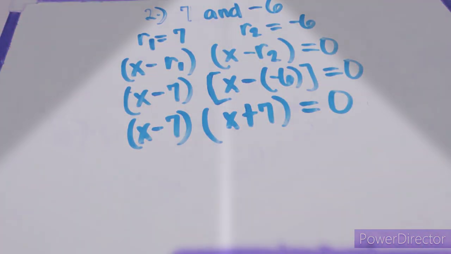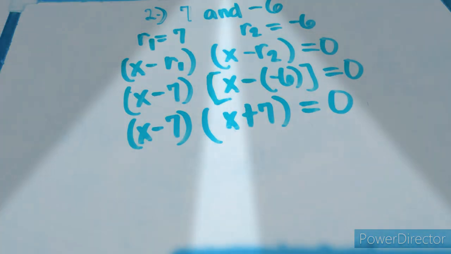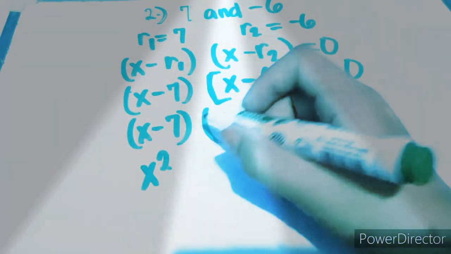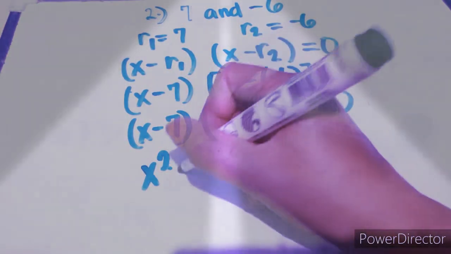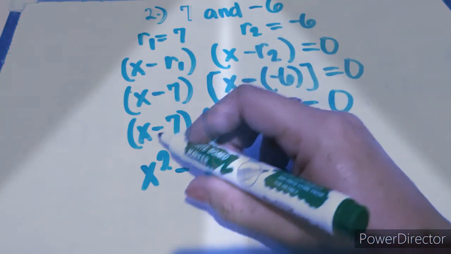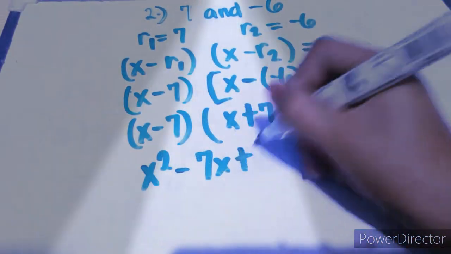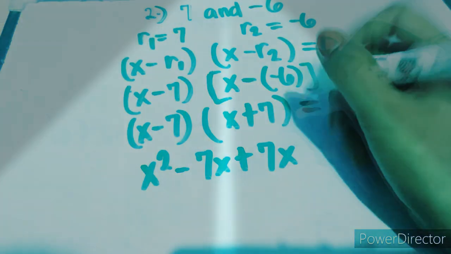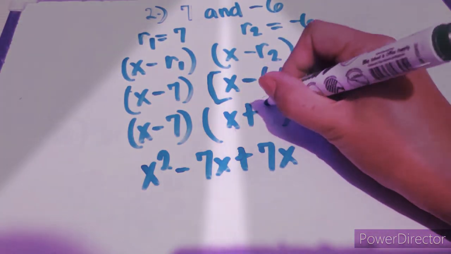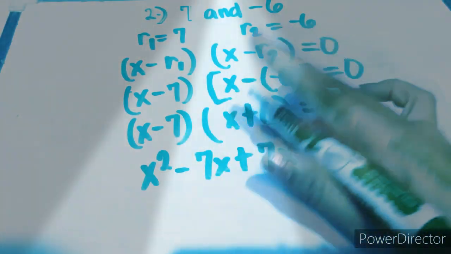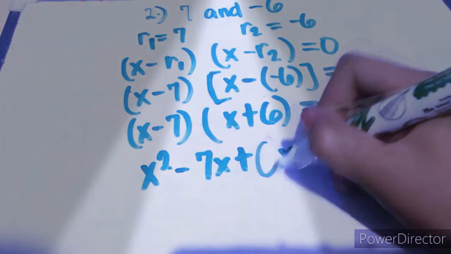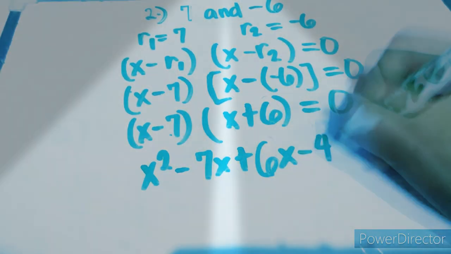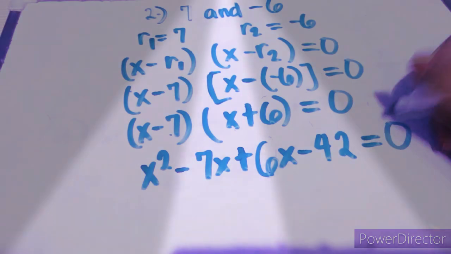And after that, apply the FOIL method. So you have x times x, you have x squared, negative 7 times x, you have negative 7x. Then x times 6, this is 6 by the way, you have positive 6x, and negative 7 times 6 is negative 42 equals 0.